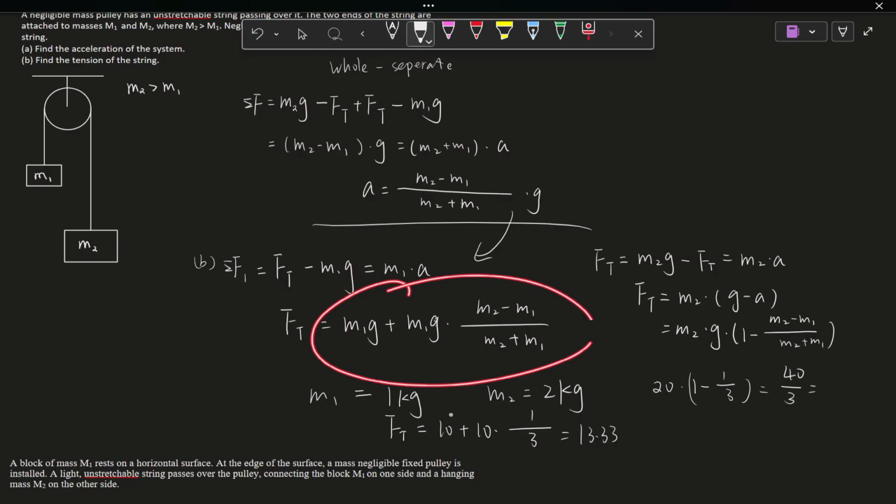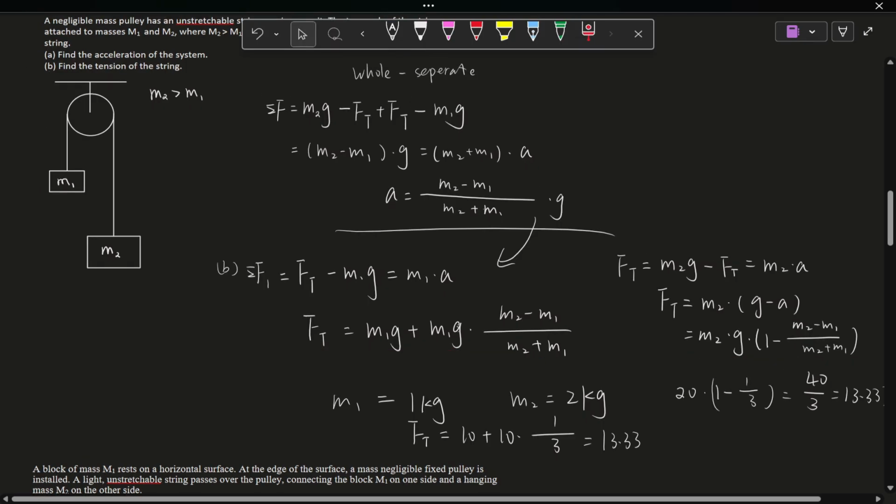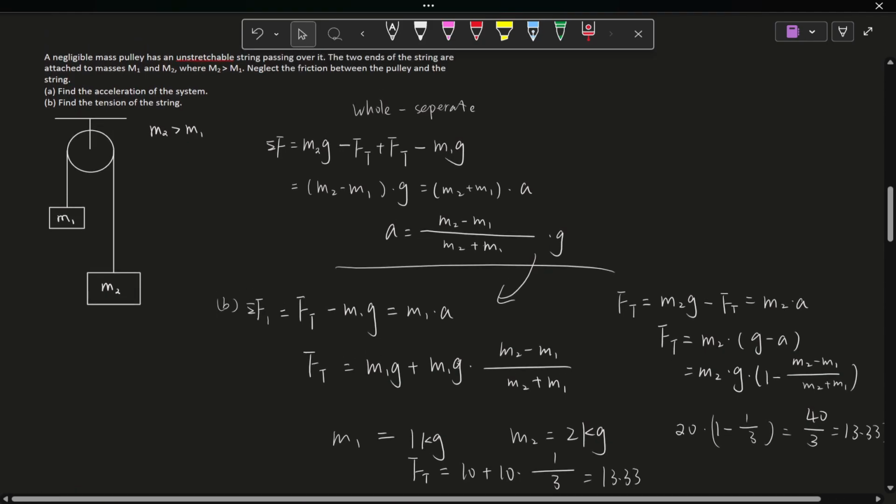You will also get 13.333. So both of these expressions are correct. On your test, it will usually give you a number, so it will not confuse you.